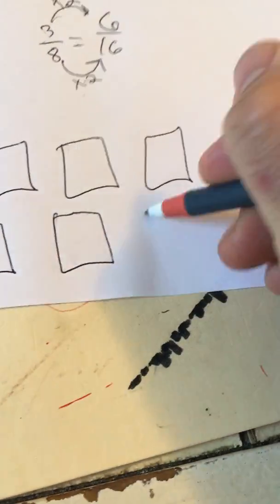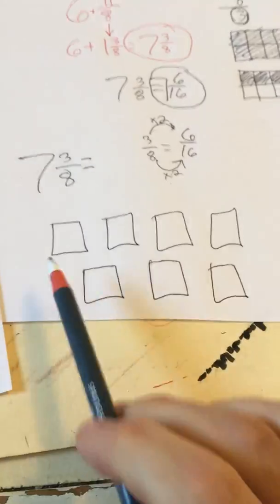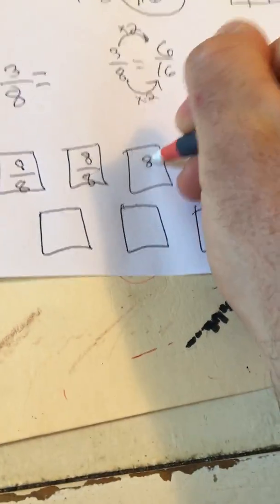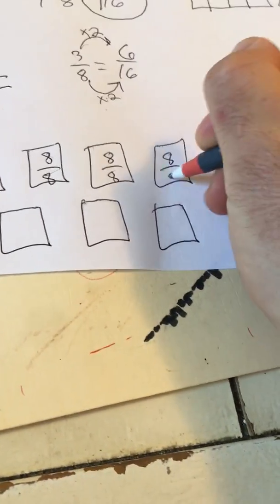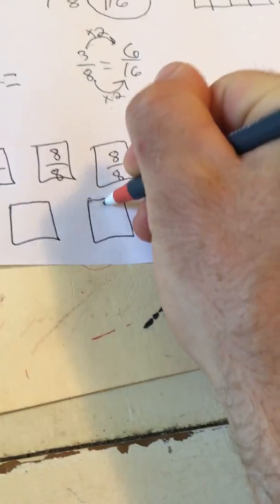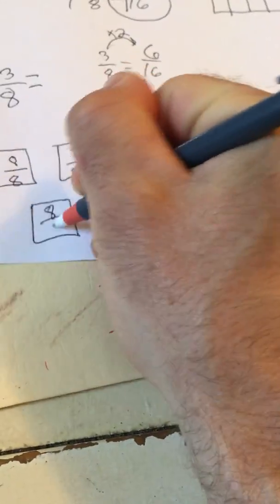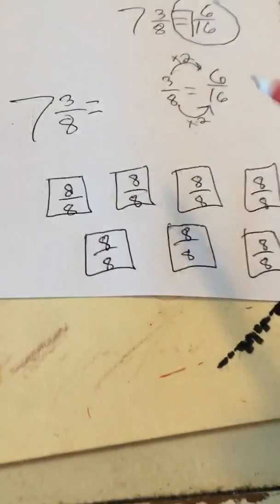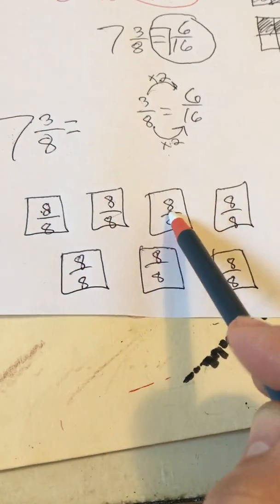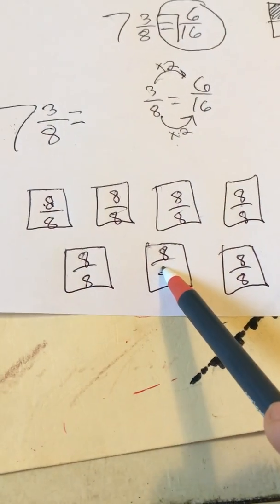So if you have 7 of them, and each of them has 8/8 in it, so I drew 7 wholes, each one is 8/8, that's 8, 16, 24, 32, 40, 48, 56 eighths.